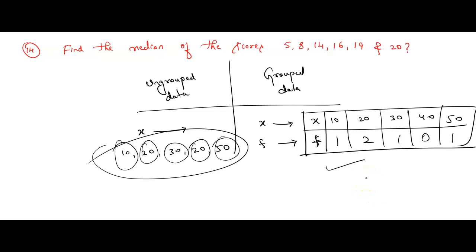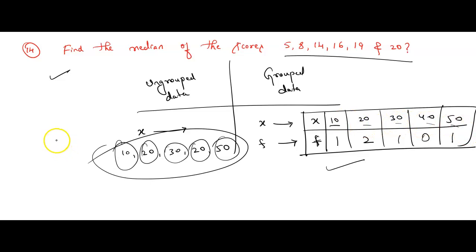Here in median we have 3 cases. If they give you ungrouped data like this, how to solve the problem. And the second method in median, if they give you the scores like this, 10, 20, 30, 40, 50.